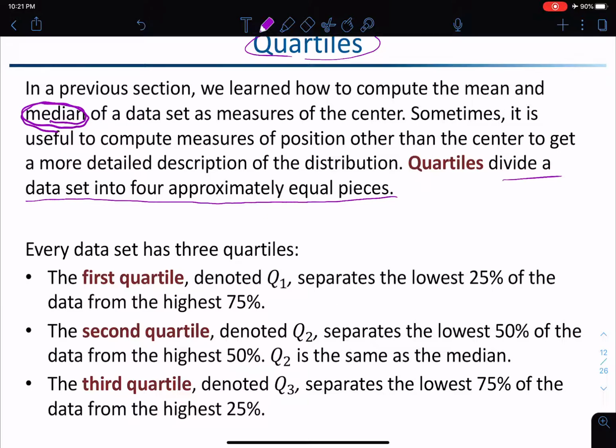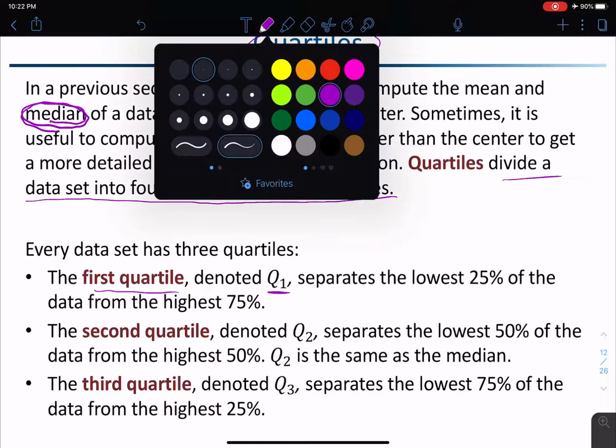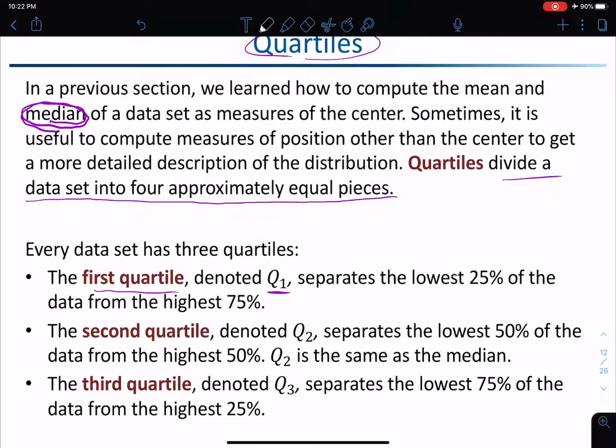So the first quartile, denoted Q1, separates the lowest 25% of the data from the highest 75% of the data. So you don't want to be thinking about quartiles like I got a 25% on the test or something like that, because it kind of confuses the issue. Q1 says that you have whatever the spread of the data.